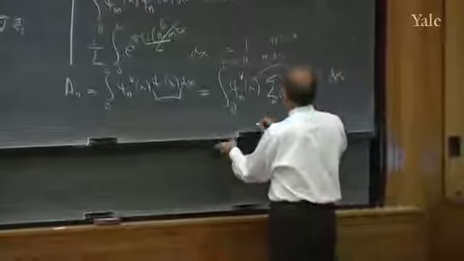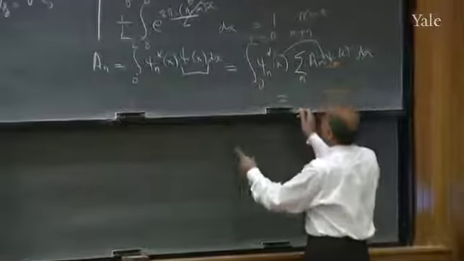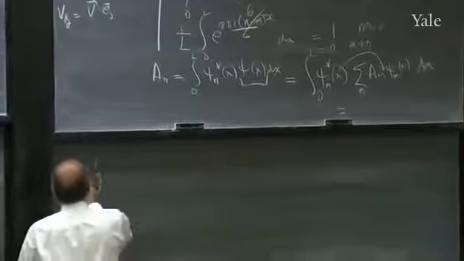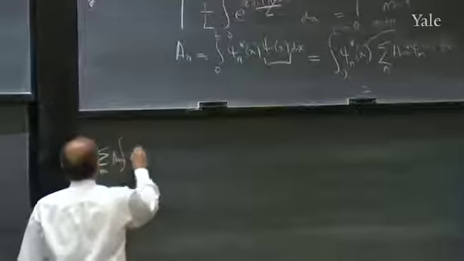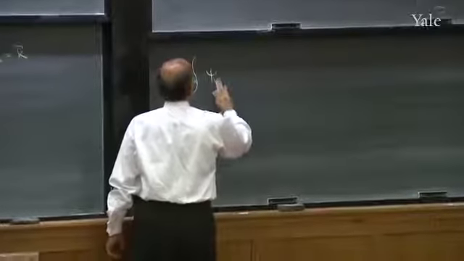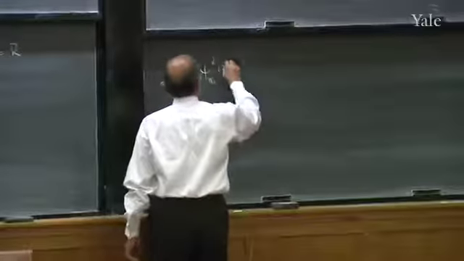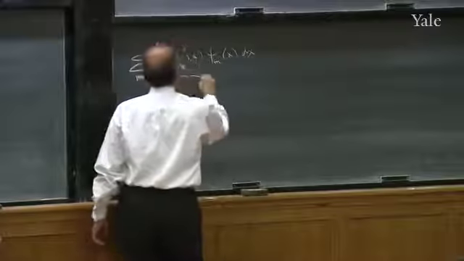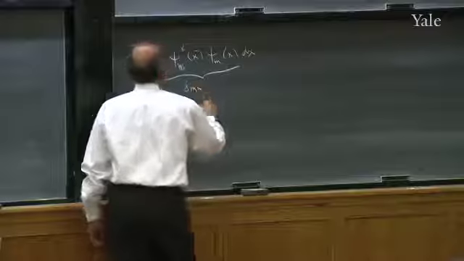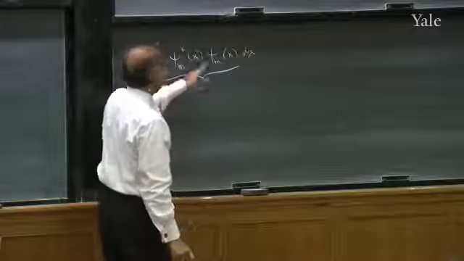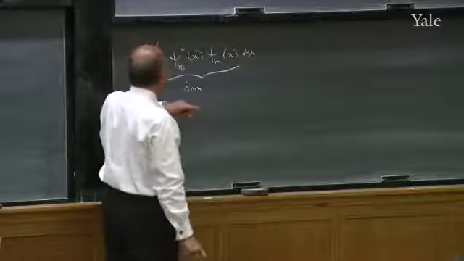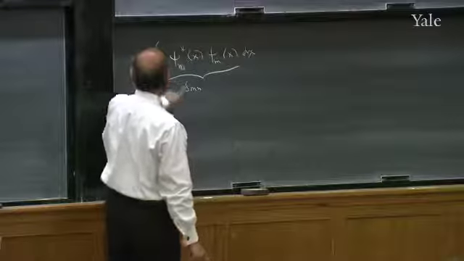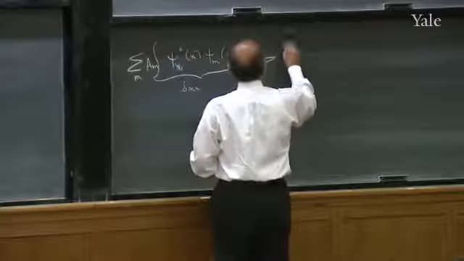That is going to be equal to the sum over m of am times the integral of psi n star x psi m of x dx, and that is going to be delta mn. That means it will vanish unless m equals n, and when m equals n, it will give you 1. That means the only term that survives from all these terms is the one where m matches n. So the thing that comes out is an.